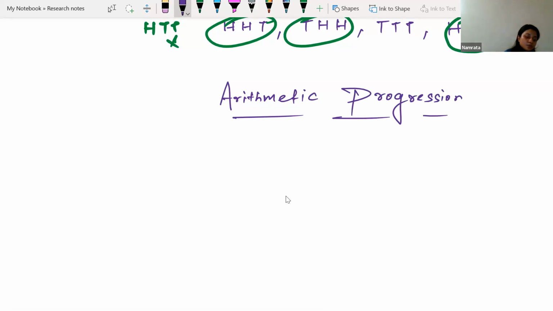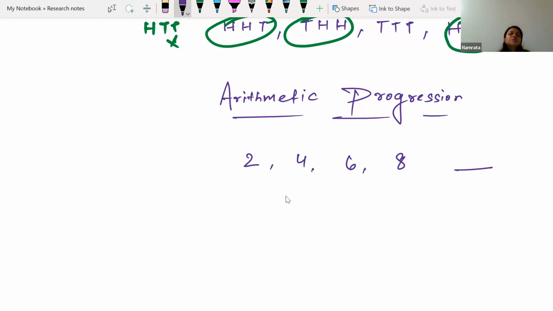Now, as you know, whenever we are talking about arithmetic progression, it's all about the sequence, the pattern. Whenever we have a certain pattern where the difference between each and every data is the same, it is a very basic sequence and series question. If you have given the Olympiad or quizzes from the smaller classes, you must have done sequences like 2, 4, 6, 8, then what will be the next number.